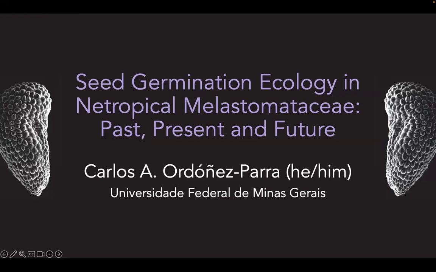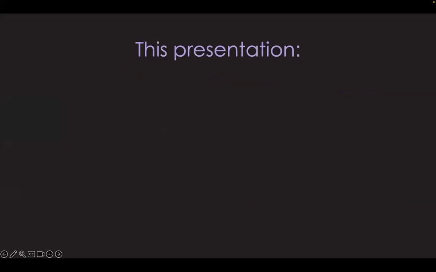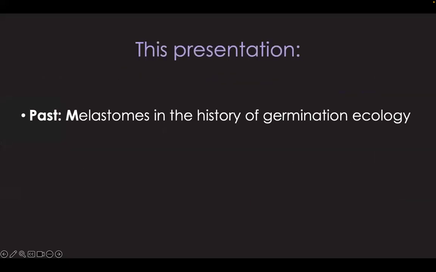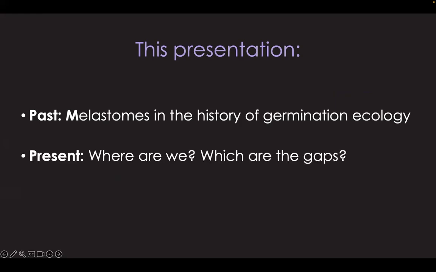In this presentation, we are trying to look at the history of seed germination ecology in this family by looking at these different stages, the past, the present, and the future. So we will start by briefly talking about the role of melastomes in the history of seed germination ecology in the tropics, and then ask ourselves where are we and which are the gaps regarding the research in seed germination ecology for this plant family.